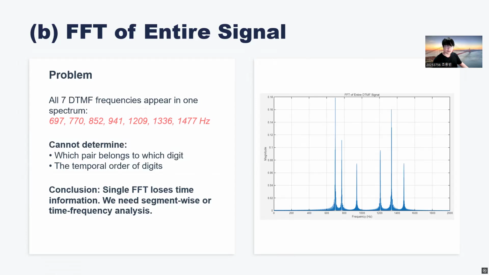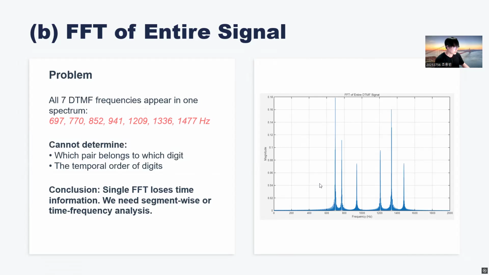But we cannot actually find out which phone number it is because all the signals are present in the FFT, and we don't know what number someone pressed after the FFT.